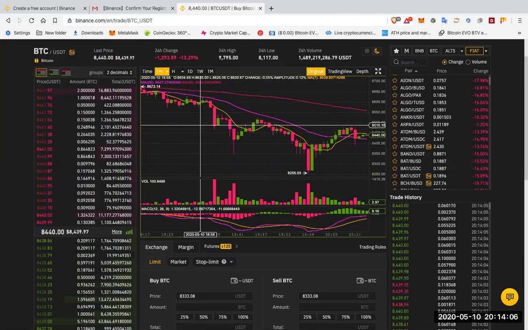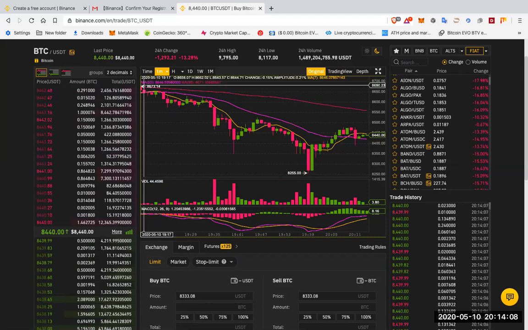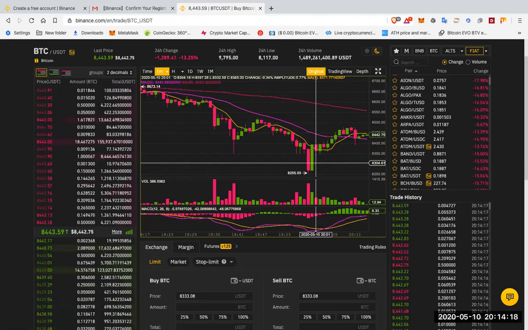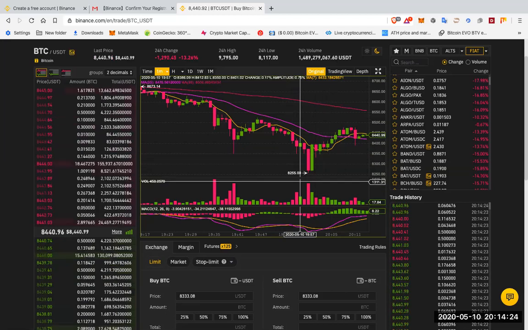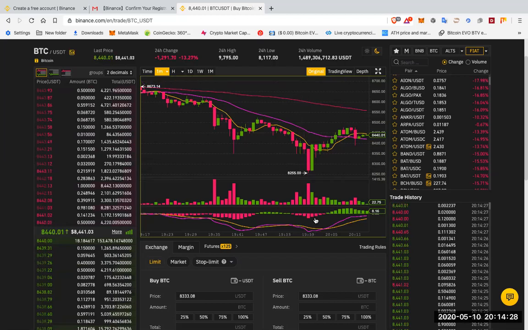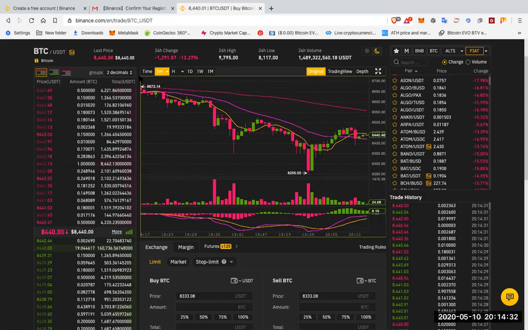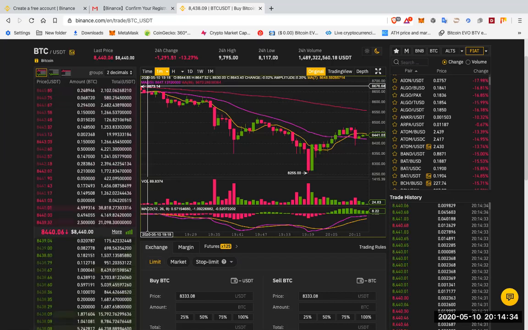Do you see the up arrow here? That arrow on top means resistance. The arrow below is called the support. So we have two arrows. The arrow at the bottom of your chart is called the support. This is the support arrow, and this is the resistance arrow.